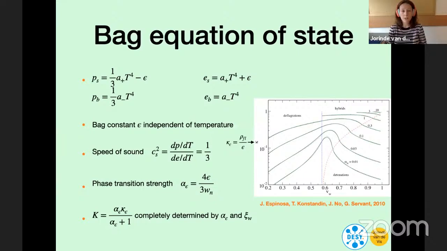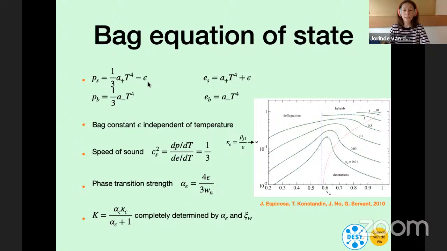Okay, so these equations were solved for the bag equation of state. So the bag equation of state is a simplified equation of state, which is given by a radiation-like contribution in both the symmetric phase, which is denoted by s, and the broken phase, which is denoted by b. And then there is a bag constant, epsilon, which parameterizes the vacuum energy difference between those two phases.